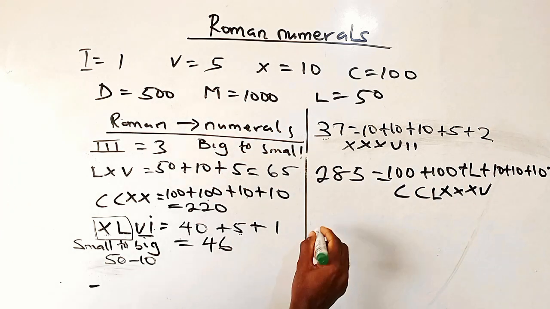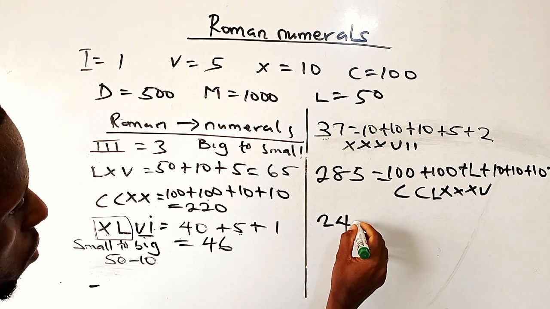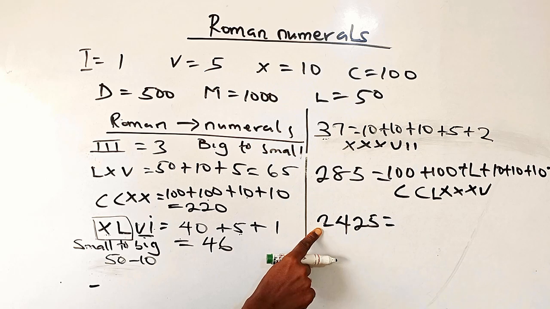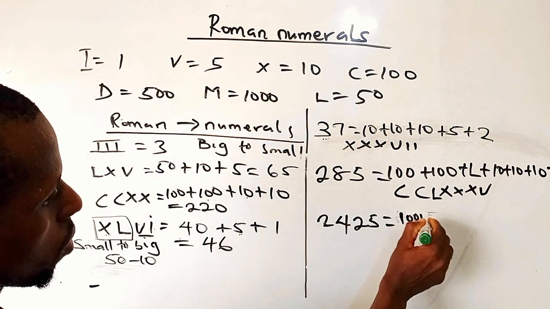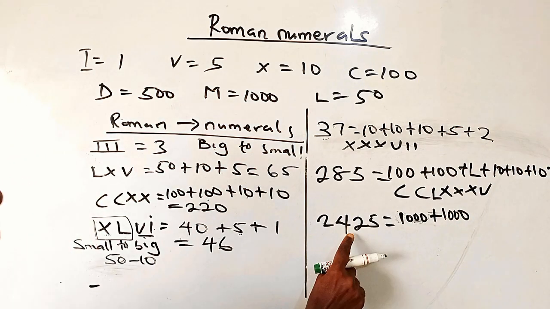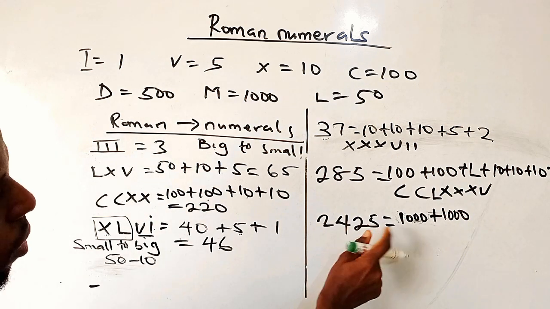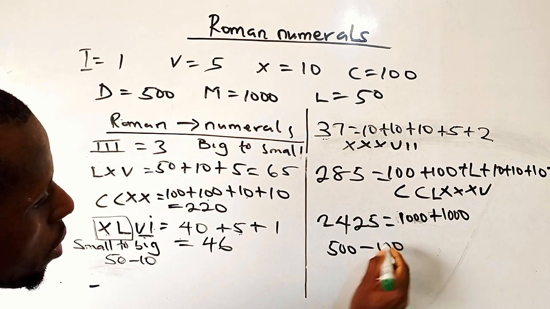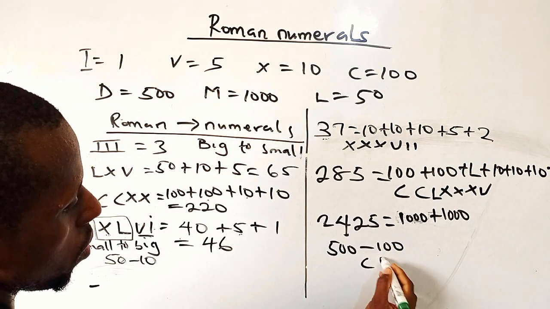If I have a higher number like 2,425, how do I write this? For 2,000, I'm working with 1,000, which is M. 1,000 plus 1,000 gives me 2,000. Then there is 400. For 400, I have it as 500 minus 100, which gives me 400, which implies CD.